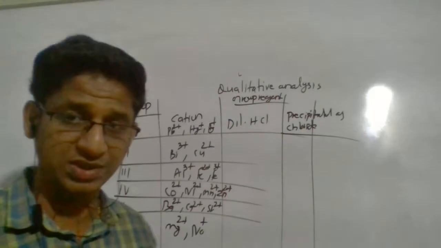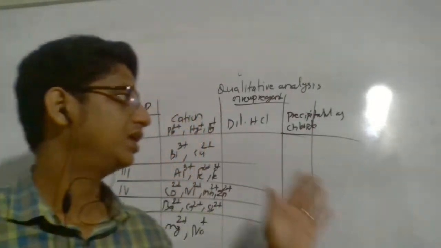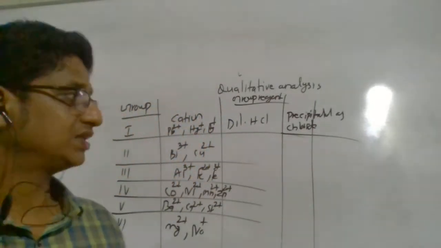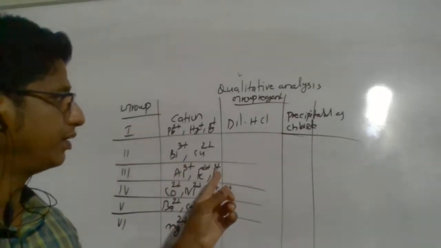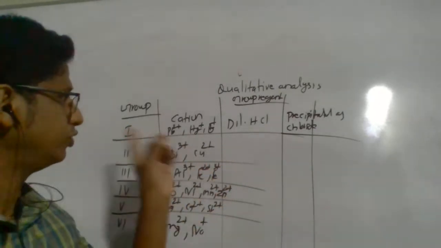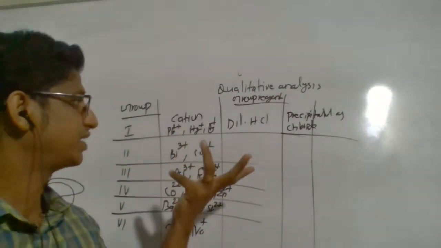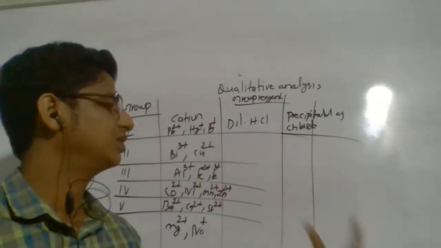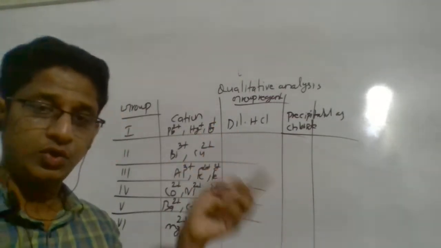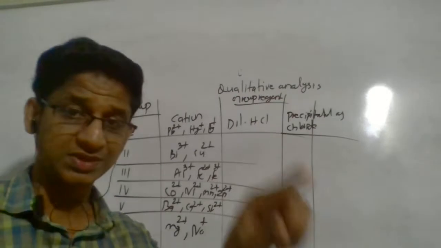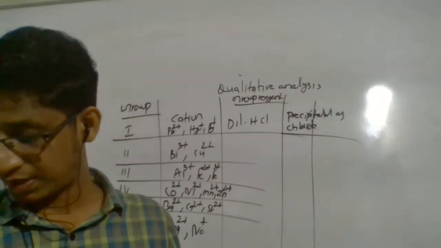That's the way you can identify group 1. The possible cations are lead, mercury, silver ion, etc., and the group reagent is dilute HCl, precipitating them as corresponding chlorides.